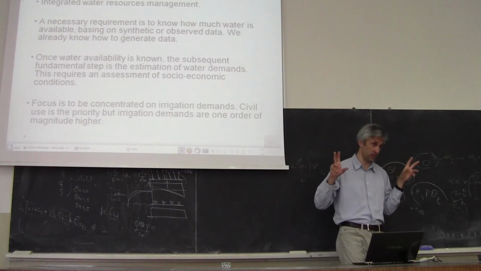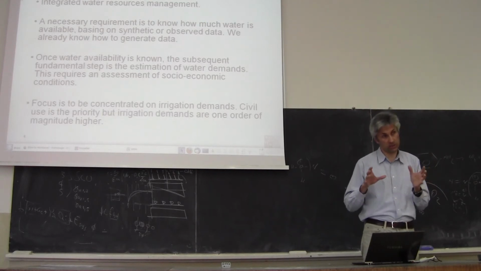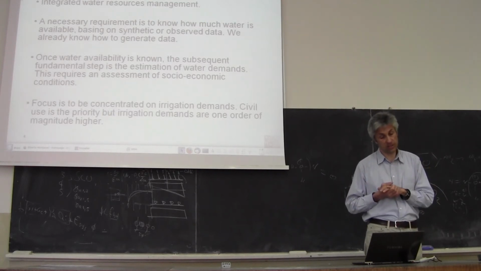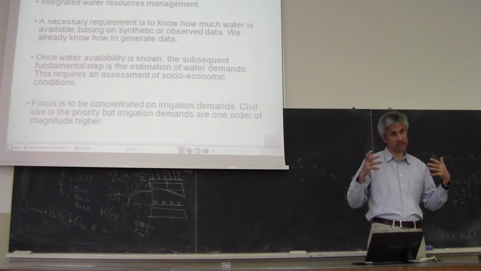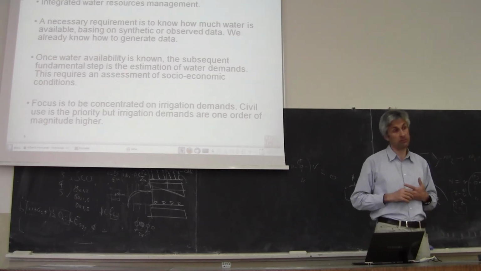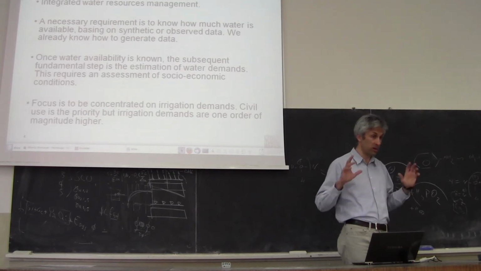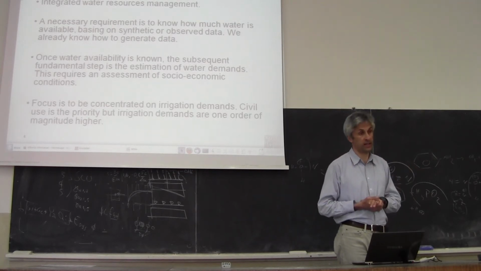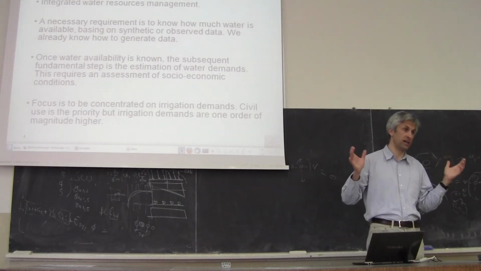We didn't focus on this, and we will not focus much on this issue because this is already a bit interdisciplinary. Estimation of water demand needs an interdisciplinary approach involving the study of demography, demographical dynamics, involving the study of societal dynamics.